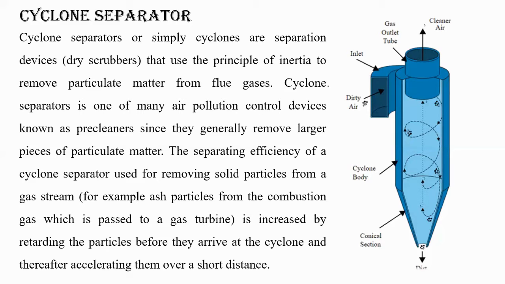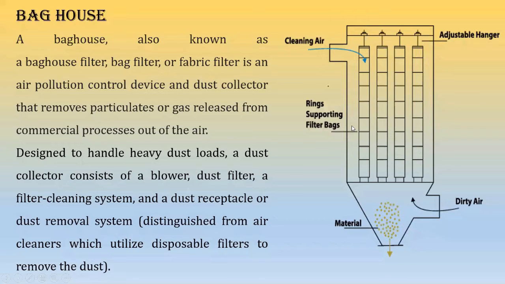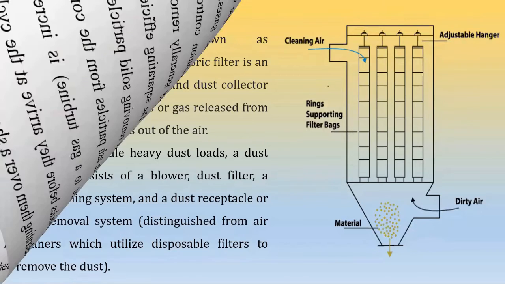Okay, so basically what the phenomena is, from the pore that is present at the left side, the air will get in from the inlet, and then the air will be rotated in the form of a cyclone, and the heavier dust particles will settle down at the bottom, and from the top the clean air will move out, right? This is a very simple phenomena that is followed by the cyclone separators.